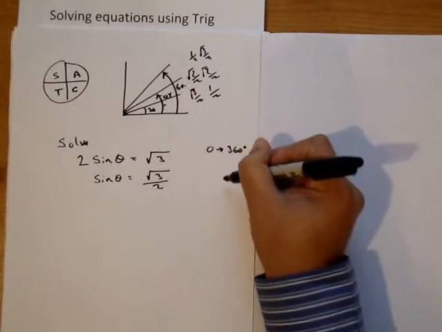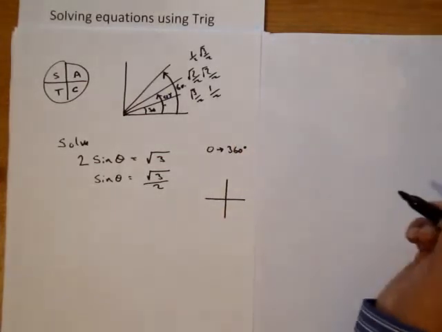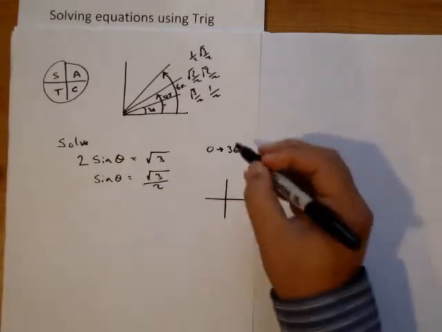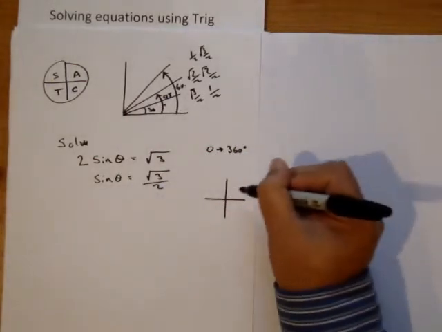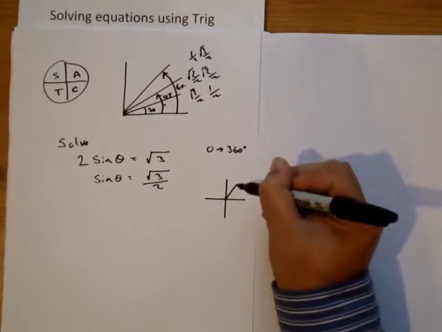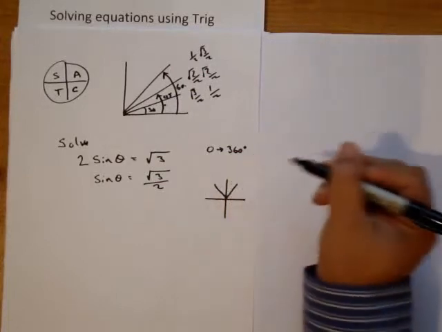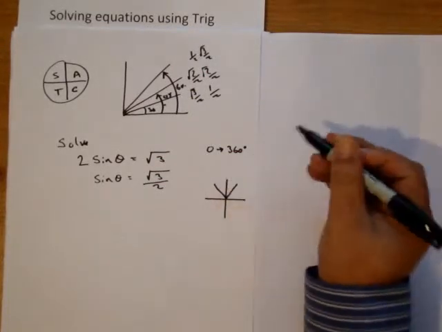If we draw our little quadrant, sine theta is positive, so where would it be positive? It would be positive in our first quadrant and in our second quadrant. So all and sine positive.